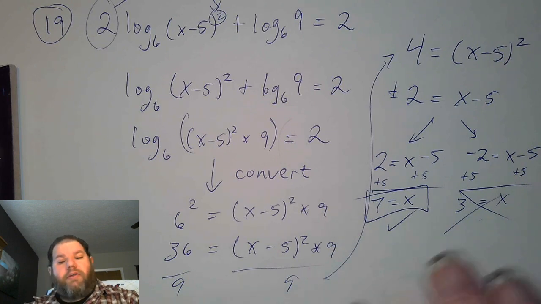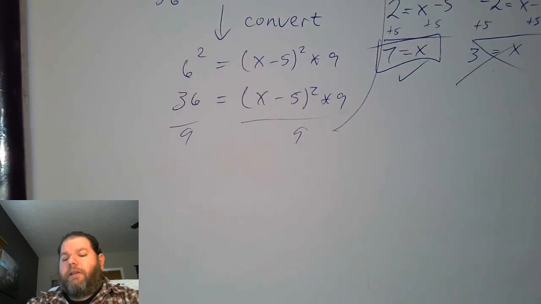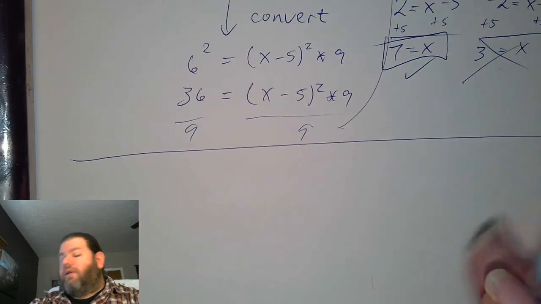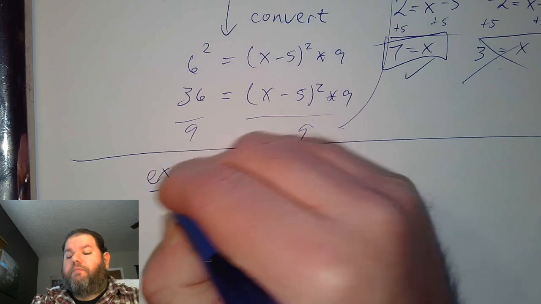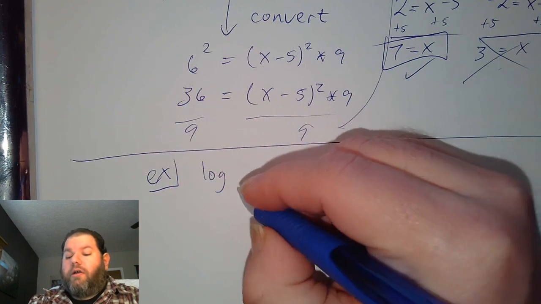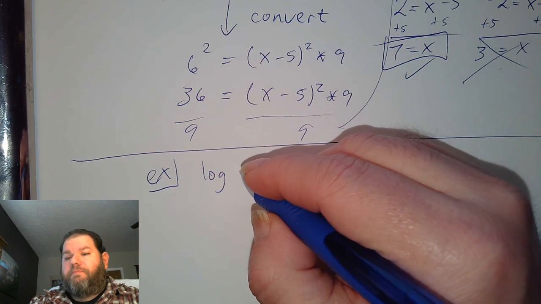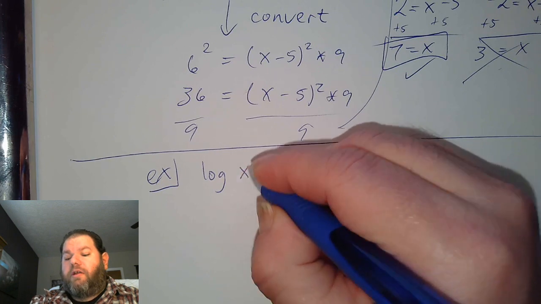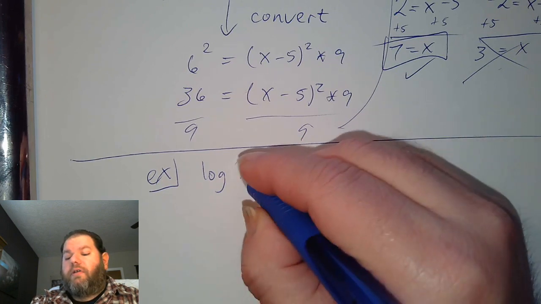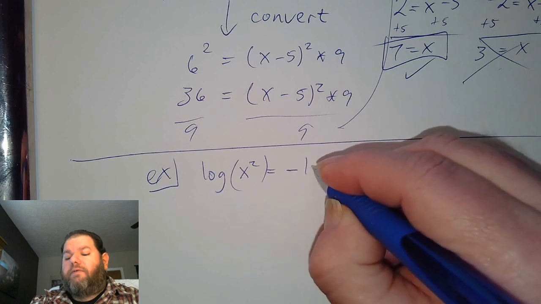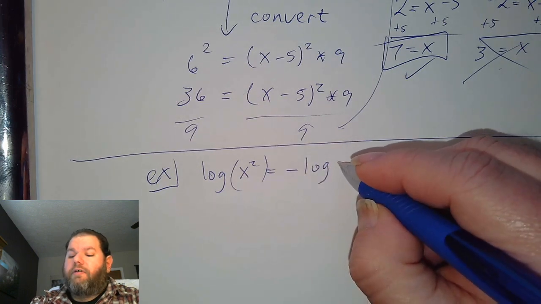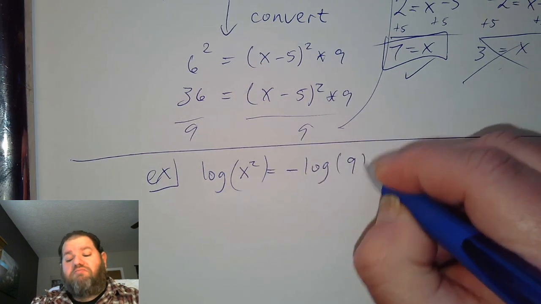Oh, I gotcha. So if we had something like this, for instance, let's say log of x squared equals negative log of 9.